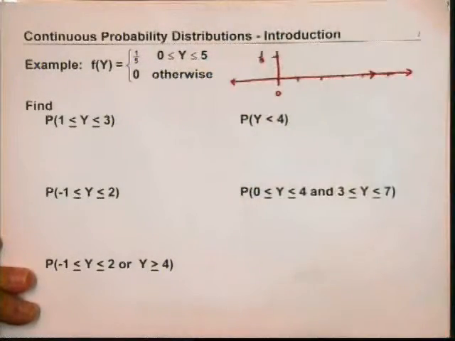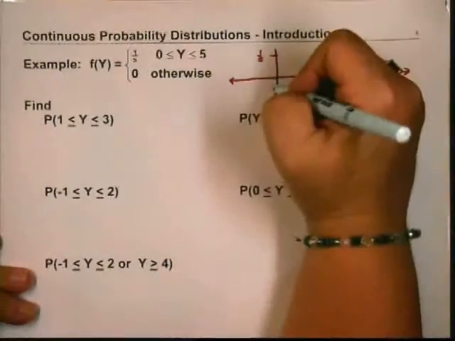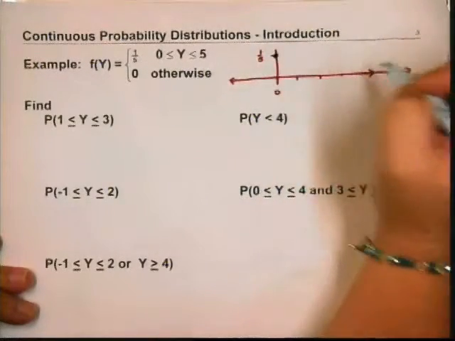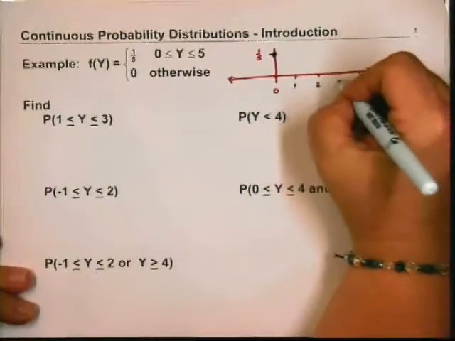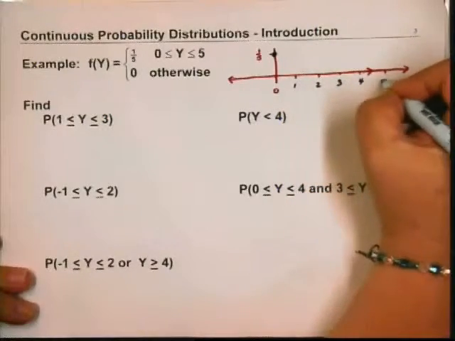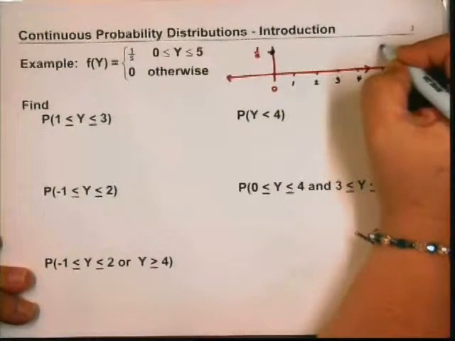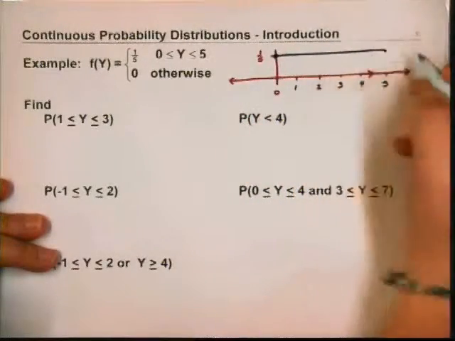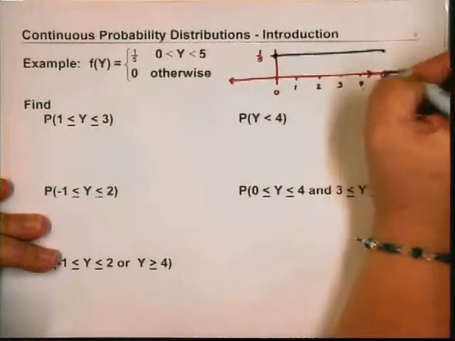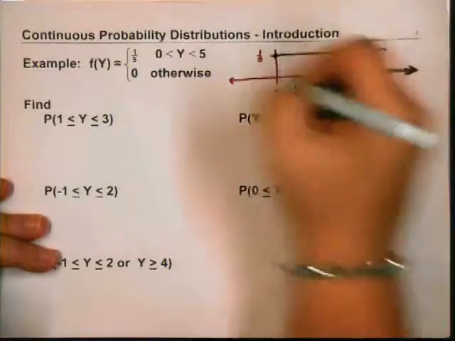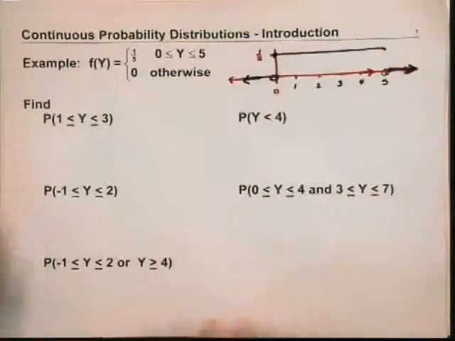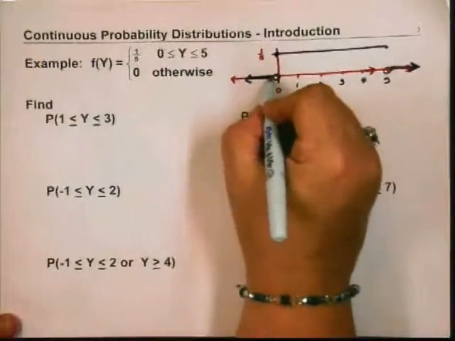So this says that the function f of y is at this height of 1/5 when y equals 0 all the way over to 5. From 5 and to the right, it's at 0. From 0 to the left, not including the endpoint 0, the function is equal to 0.